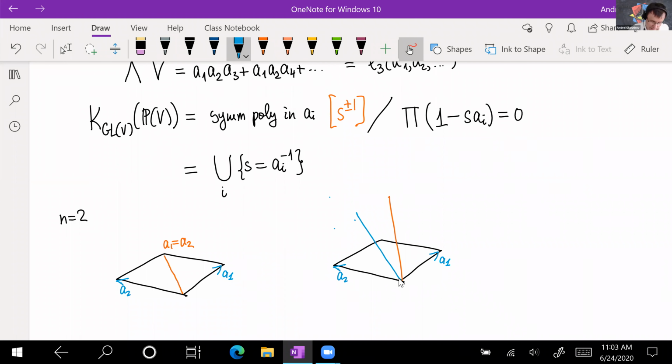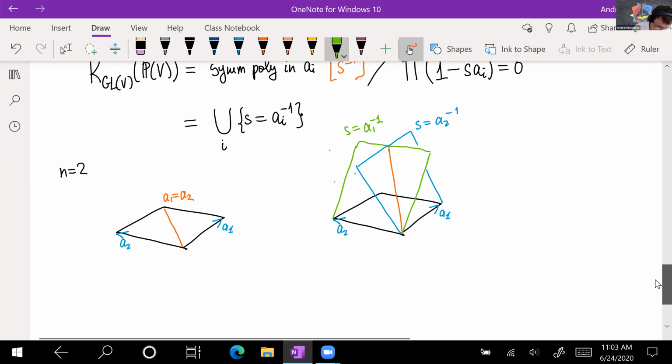So this would be one, and this would be the other, and then they would look like that. So this is where s equals a2 inverse, and this is where s equals a1 inverse. So this is a union of two copies of the torus that is glued over this divisor.